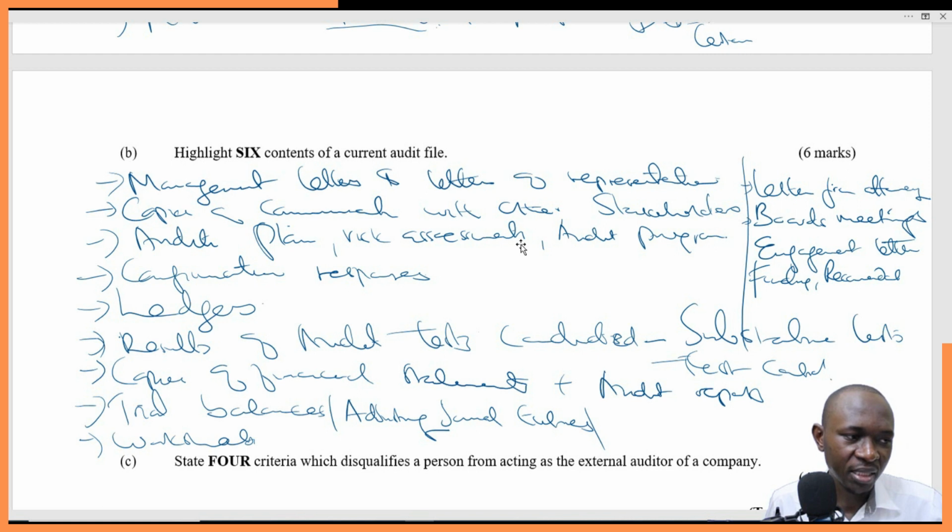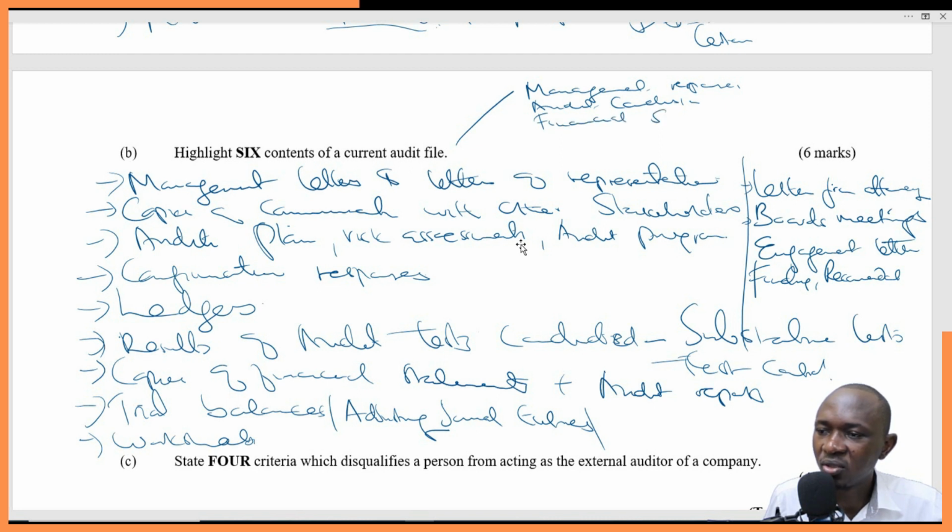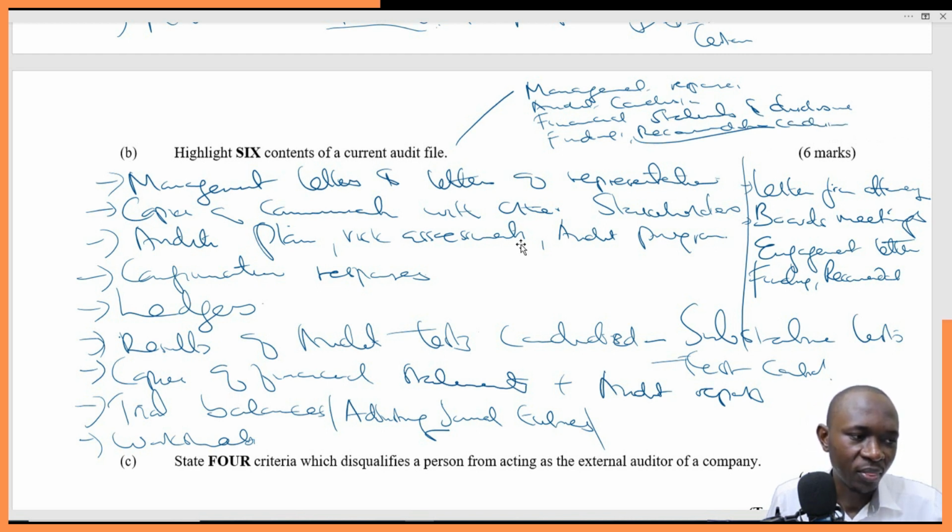And then management responses, audit conclusion, how you have concluded the audit, financial statements and disclosures, and findings, recommendations, conclusion, and recommendation of the audit exercise. The opinion should also be contained here. Opinion. All these are some of the things.